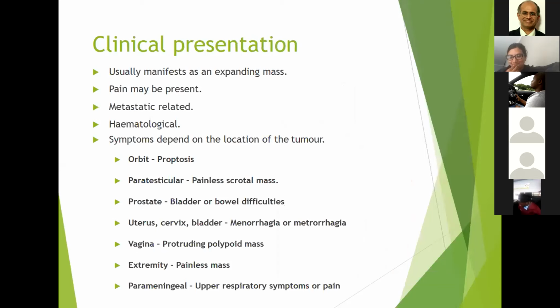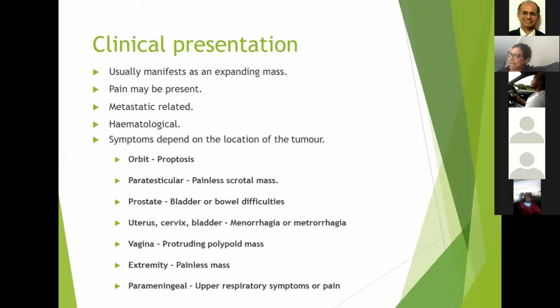So clinical presentation. This patient may present with an expanding mass. It can be painless, or they can have pain, or they can even present with metastatic related symptoms. They can present with bone pain, or if they've had metastasis to the brain or the lungs.